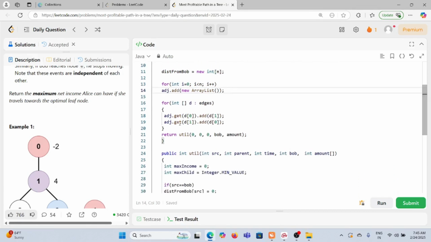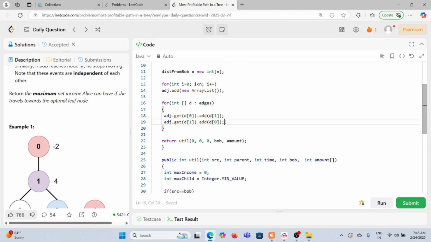Then, in the edges, each edge has two values. We are making this adjacency list, and because this is an undirected graph, if there is an edge from a to b, then b to a is also an edge. That is why I am taking both values and adding them into the adjacency list. Now our adjacency list is completed.